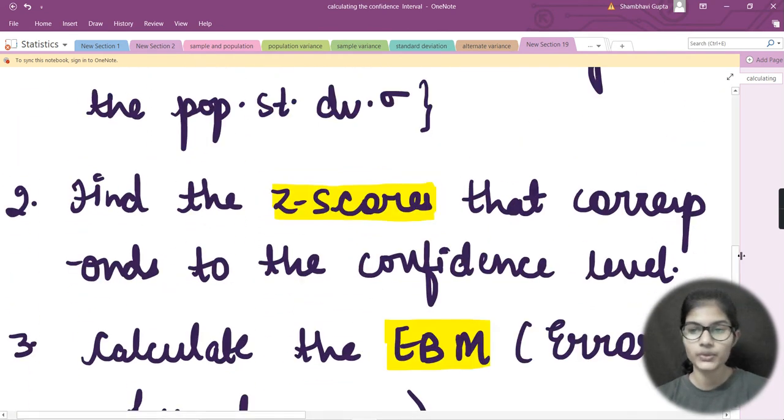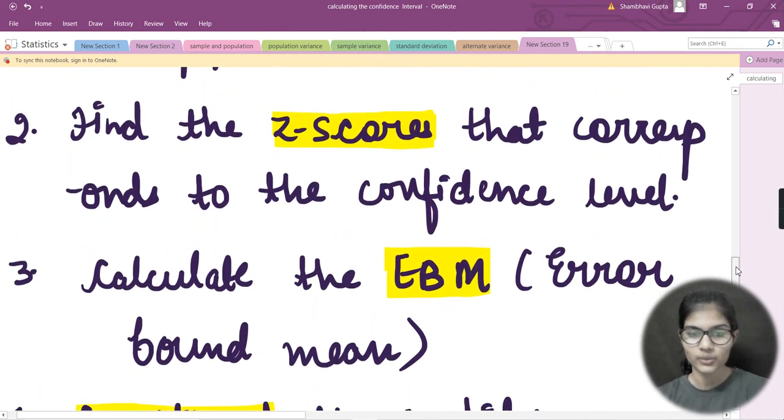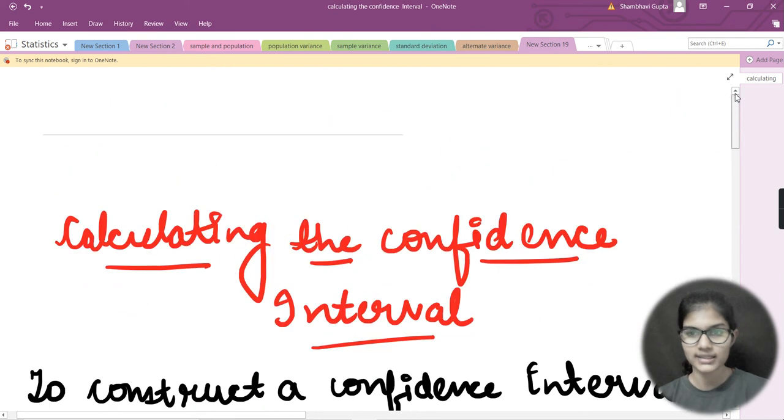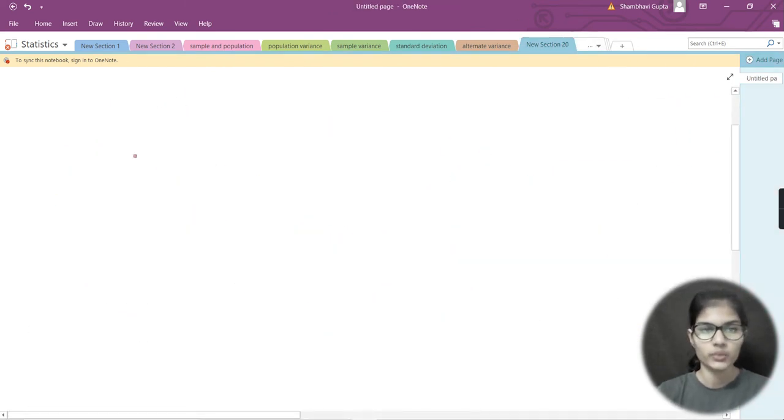So the second step we are going to start with is finding the z-scores that correspond to the confidence level. This is the one we are going to take today. So here it goes, my new section 20.